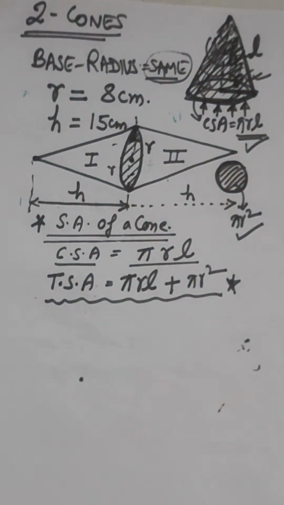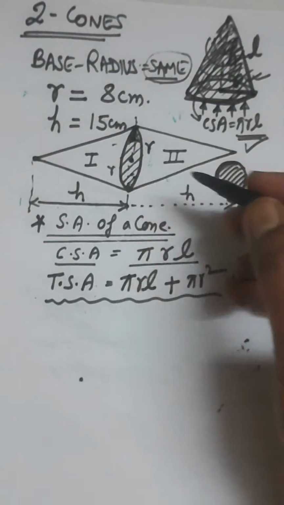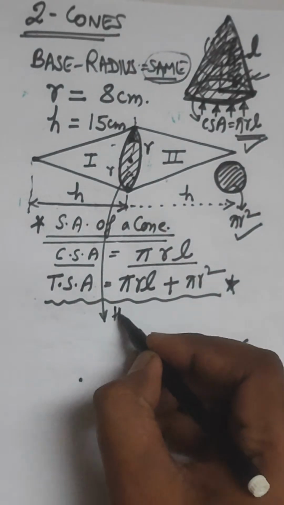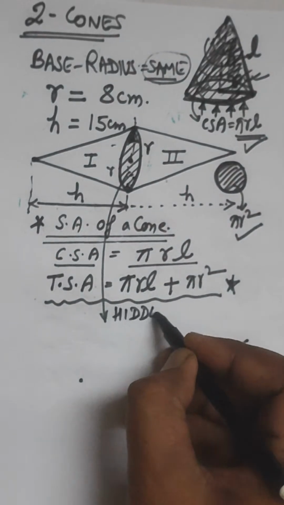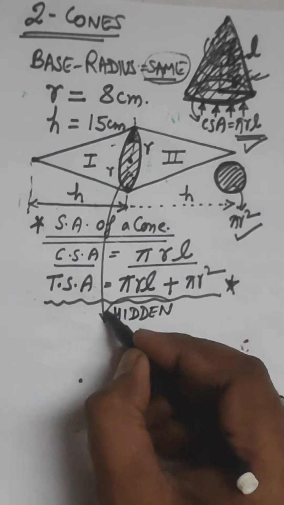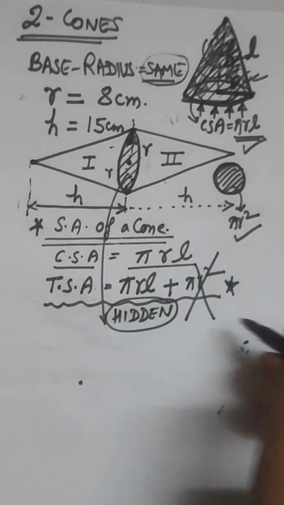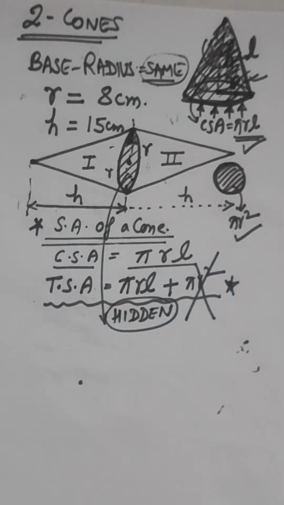So this portion is hidden. If this portion is hidden, that means this pi r square is hidden, isn't it?